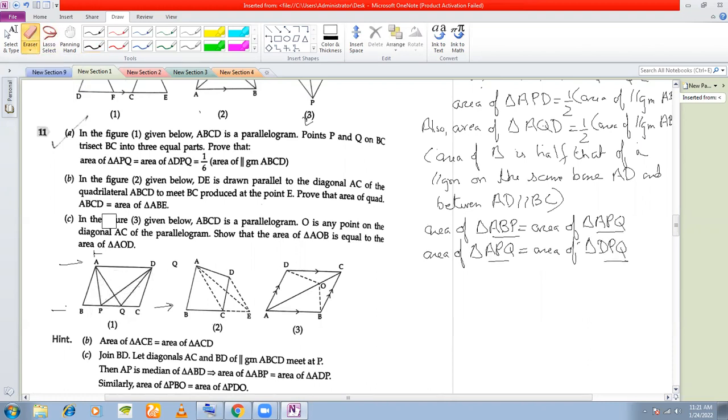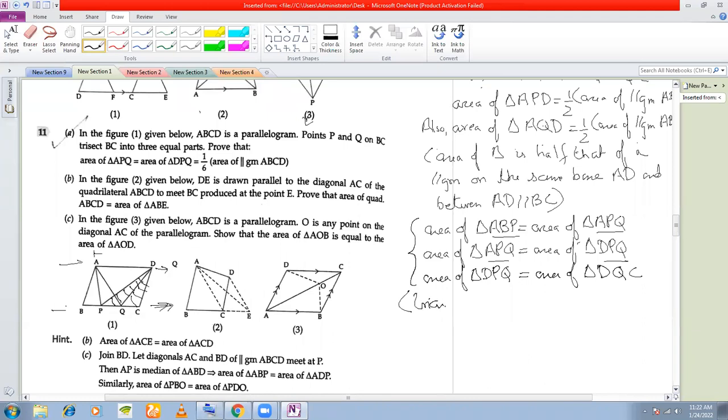Okay. Next, what can you say? Can we say that the area of this triangle is equal to area of this triangle? Yes, sir, we can say PQ is equal to QC, because the bases are equal and they are between the same parallel lines. Area of triangle DPQ is equal to area of triangle DQC. And you'll give your reason for all the three. What is the reason?